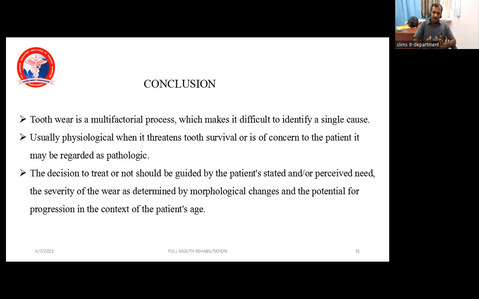Now, before going in for the final rehabilitation or replacement, think it twice or thrice regarding the rate of progression of the oral abnormal habit.